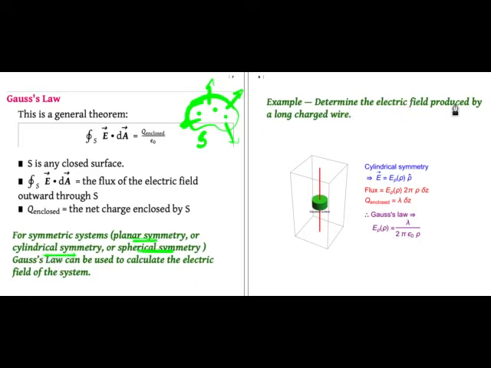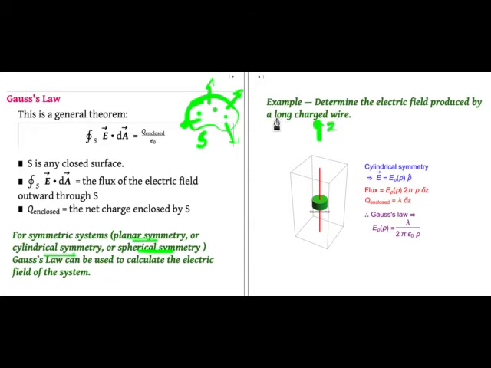Determine the electric field produced by a long charged wire. In other words, it's a charged line. We could set the coordinate system up so that the wire is on the z-axis.